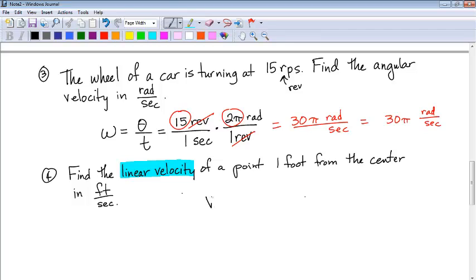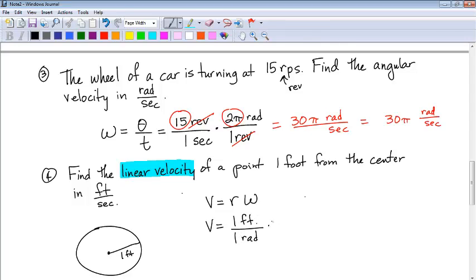So V equals R times omega. The radius is 1 foot from the center, so it's 1 foot. To get this to divide out right, it's per 1 radian. That's the little trick to that. The omega, you just solved for it up here. Sub that in. 30 pi radians per second.